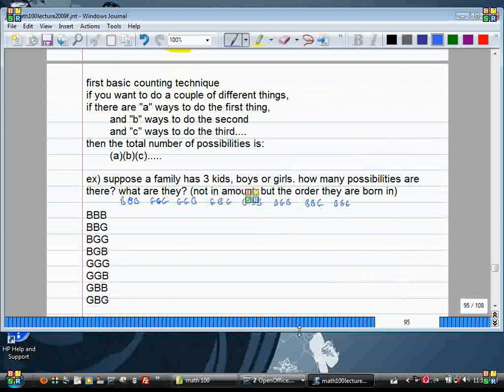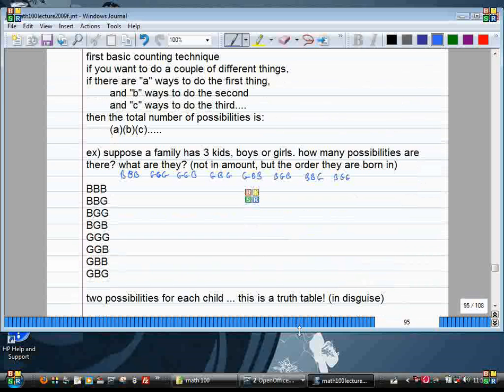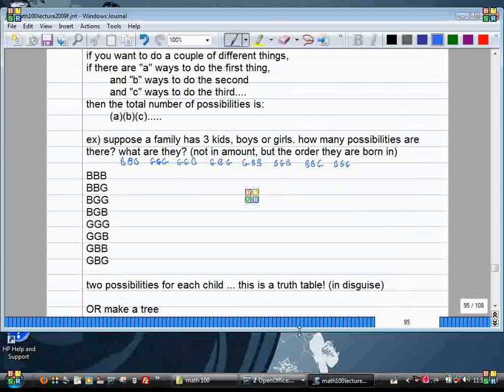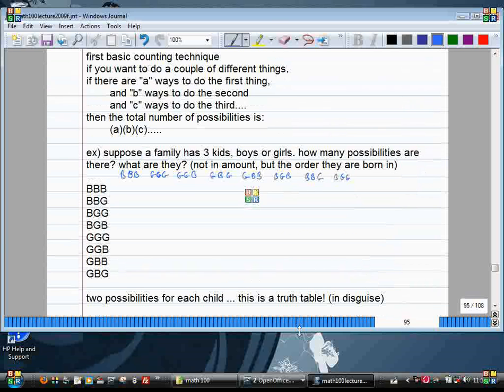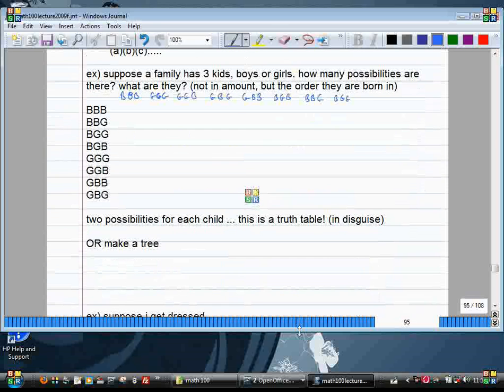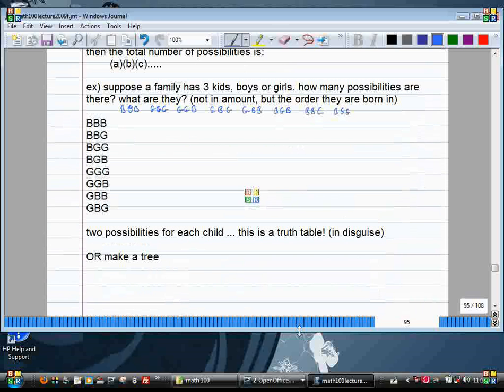Now the question is, okay, beat me to it. Why is it 8? Matt, just arithmetically speaking. Well, maybe we can see a little better if we make a tree. So if we start from the beginning, how many possibilities are there for the first? What's the first thing we need to make a possibility for? Okay. So how many forks should I draw? 2.